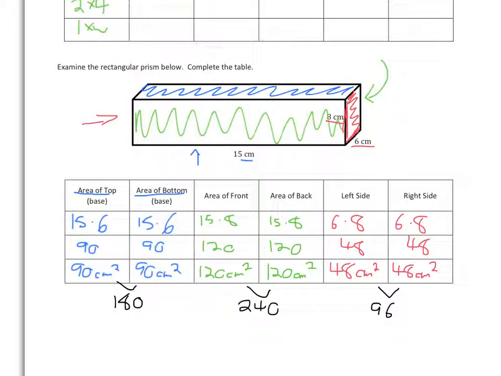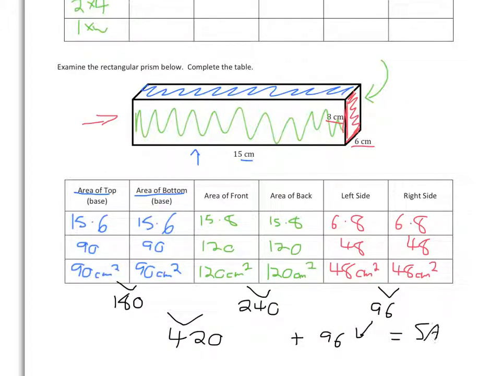And then we can keep adding these. So 180 and 240 would be 420, and then plus the 96.